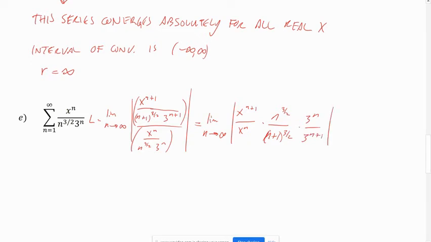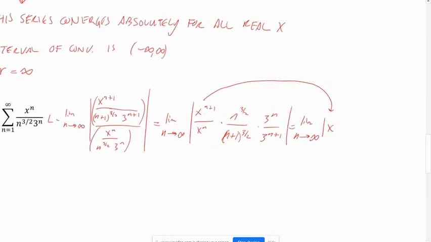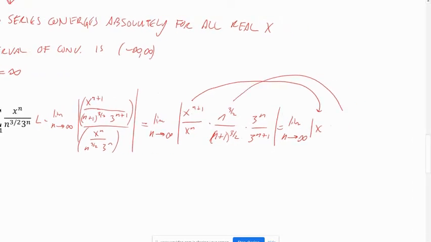And so this is equal to the limit as n approaches infinity of x. This all simplifies to just be x to the first power. This we can rewrite as n over n plus 1 to the 3 halves, because both the top and the bottom are raised to the 3 halves power.